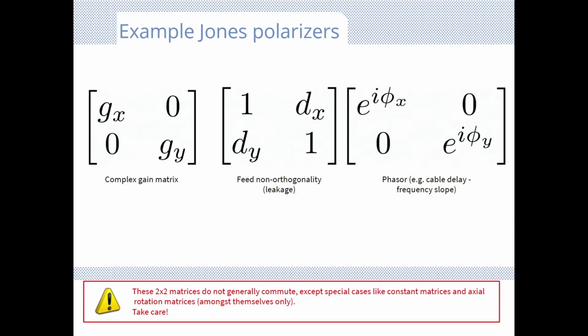Then in the middle there, we have an off-axis term that describes the non-orthogonality of our basis vectors. So if we have two physical dipoles, they might be slightly misaligned. So the horizontal dipole might be capturing some signal that only really belongs in the y dipole.